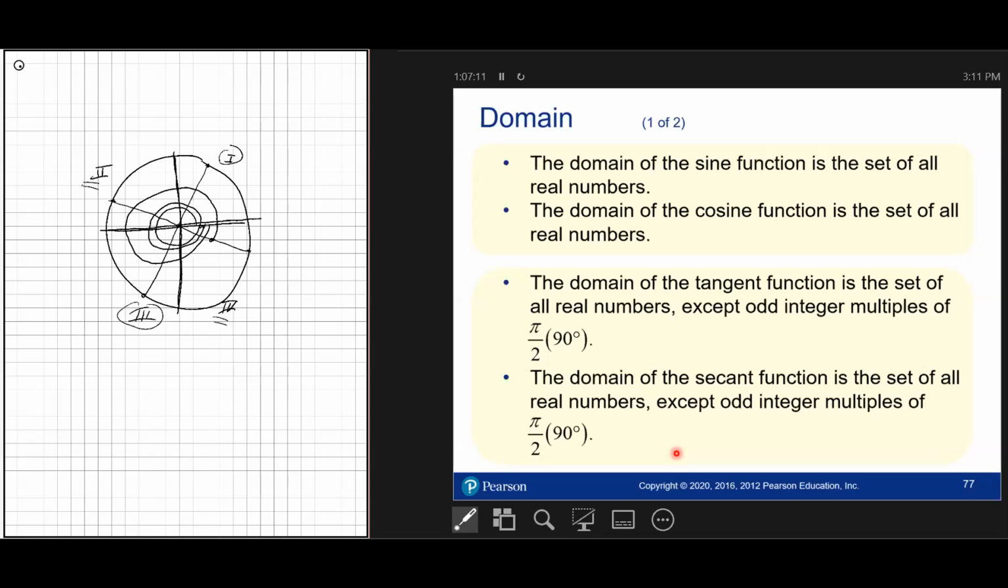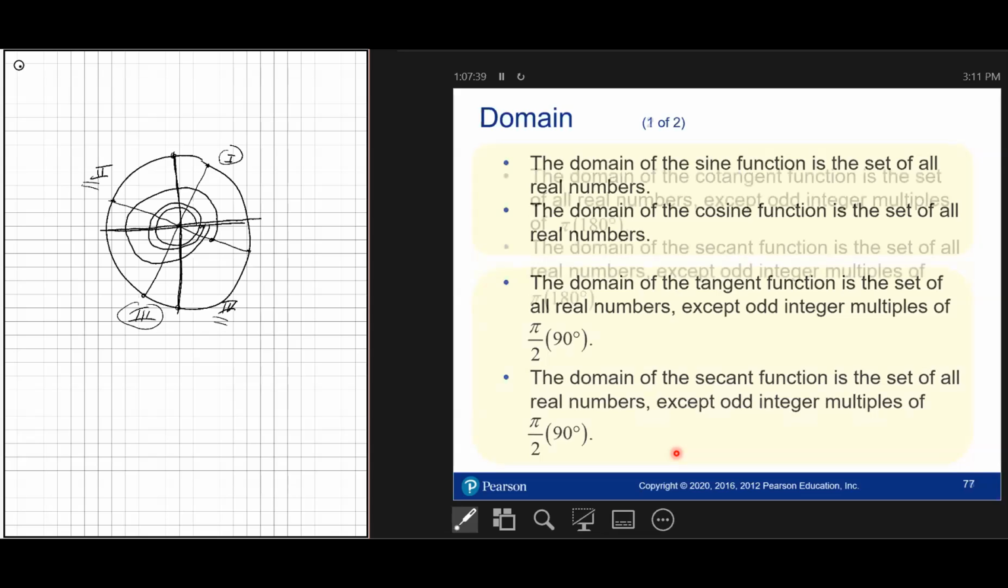Same thing is true with secant, except where does cosine equal 0? Cosine equals 0 up here and down here. So the domain of secant is the same as the domain of tangent because I can't use the cosine value because it's 0.